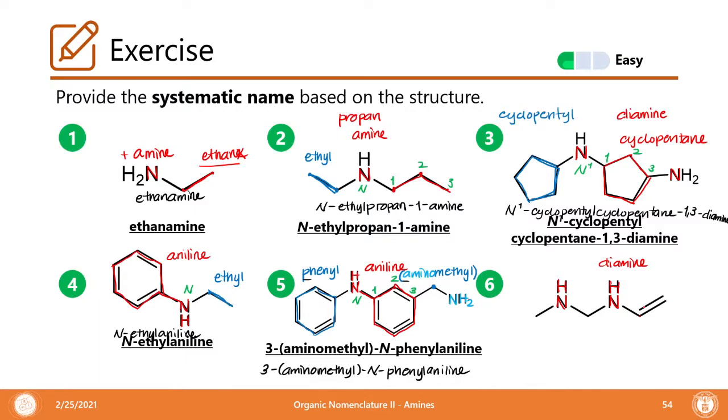So we have to choose, regardless of the length, the carbon chain that is connected to the most amines. So that would be this single carbon. So this is a methane diamine.